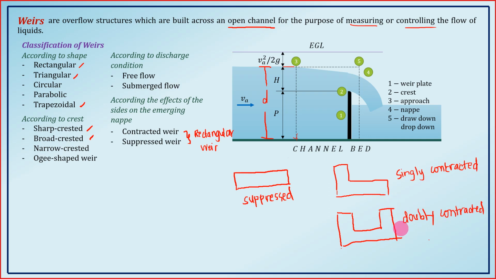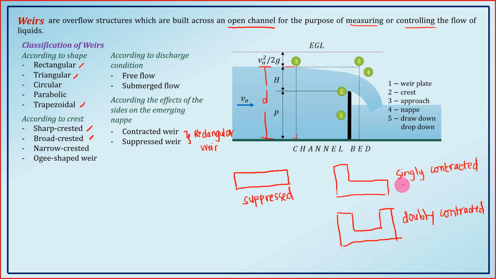So, singly and doubly. Now, sa mga problems, paano mo malalaman kung singly or doubly siya? Kasi nga, may mga contracted weir tayo na nakikita sa problem. Sa problem, pag hindi binanggit na singly or doubly, so let's say, a rectangular contracted weir, doubly na yon. Pero pag sinabing a singly contracted weir, so singly na.